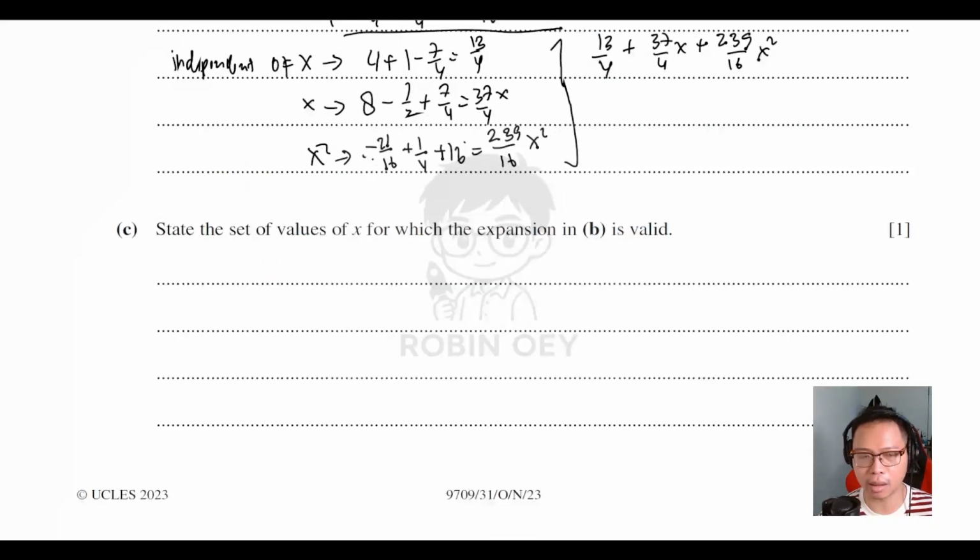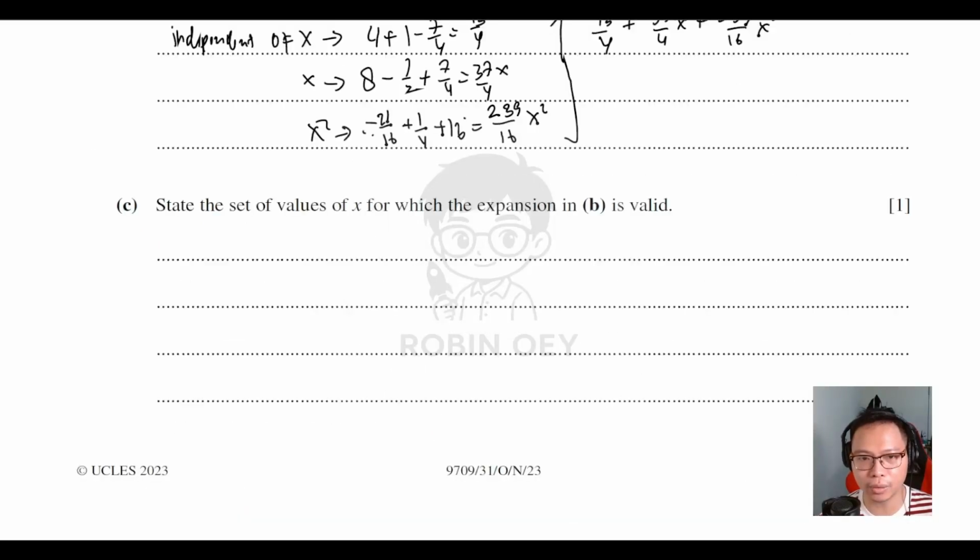State the set of values of x for which the expansion in B is valid. The expansion in B is valid if the absolute value of x is less than 1, or x is in between -1 and 1.